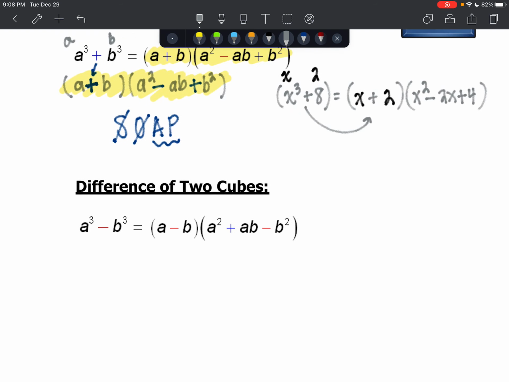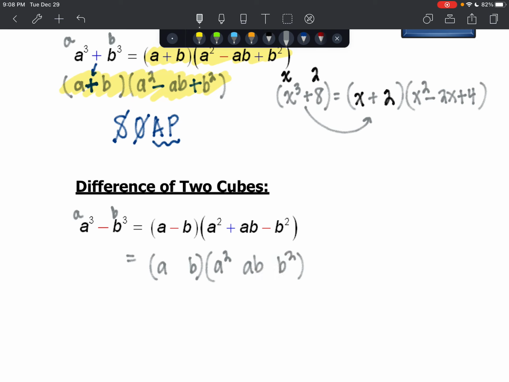Here's the difference of two cubes. Difference of two cubes is the same thing. So a cubed is a cube of a, b cubed is a cube of b. So a and b fall right into that binomial. And then bouncy, bouncy would be a times a. Bouncy over would be a times b. And then bouncy, bouncy would be b squared.